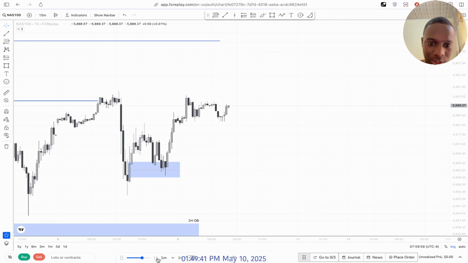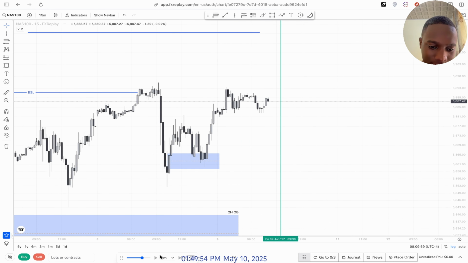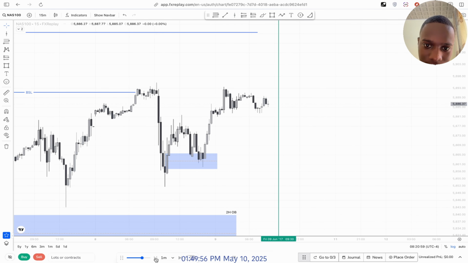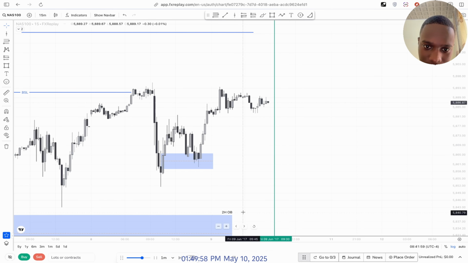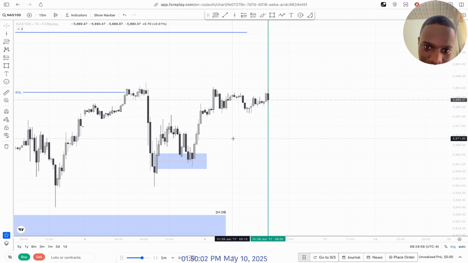So we can see a huge push, small push. No, not yet. It's still London session. It's gonna start here. New York's gonna start here. Yeah. And let's play it and see. Relatively equal lows. See them? Relatively equal lows.